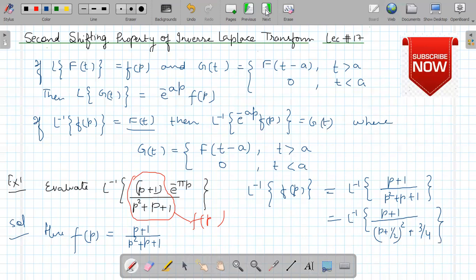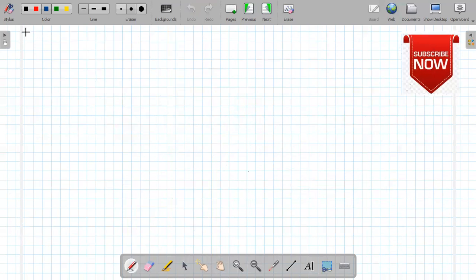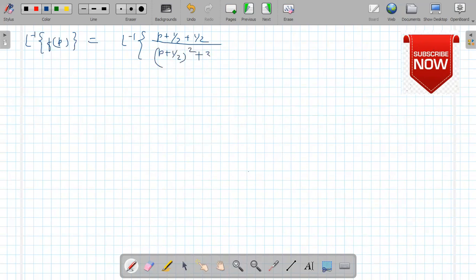Okay, so now we write here Laplace inverse of f(p) is equal to Laplace inverse of p plus half over p plus half whole square plus 3 by 4.